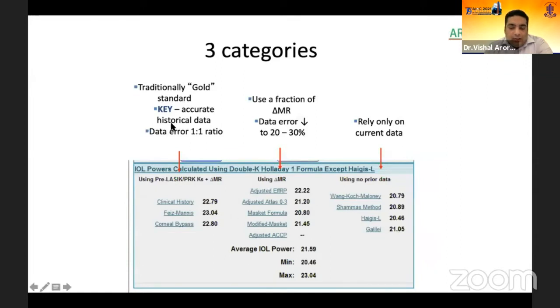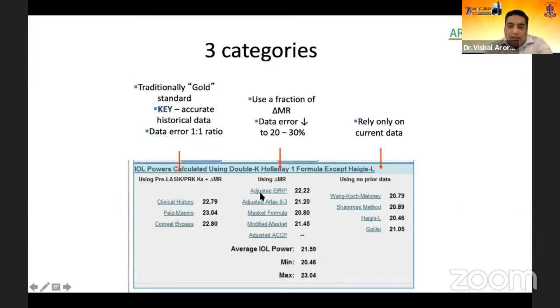In the calculation, you will have 3 columns. If you had used the pre-surgery data, you will have column 1, in which the clinical history method would be the most commonly arrived power, and it will be most accurate.